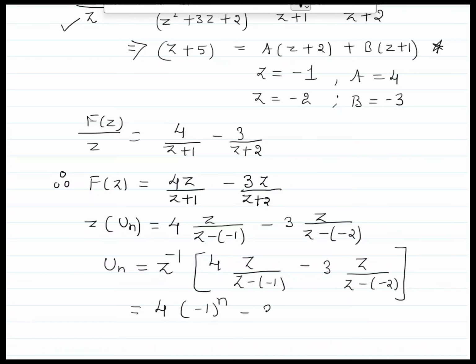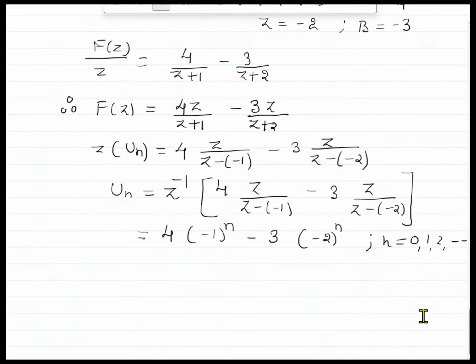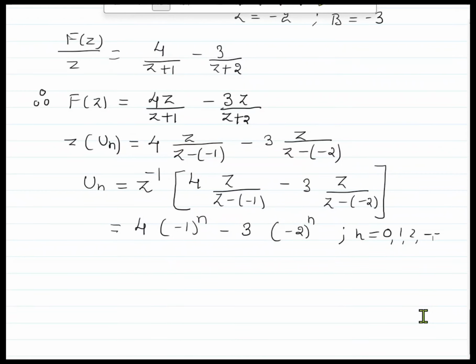Here we take minus 3 out, and the Z inverse of this is minus 2 to the power n. What is n here? The value of n is 0, 1, 2, because we have initialized u of 0 and u of 1, so n should be 0, 1, 2, 3 and so on. This was one example, and this is the solution of the previous difference equation.